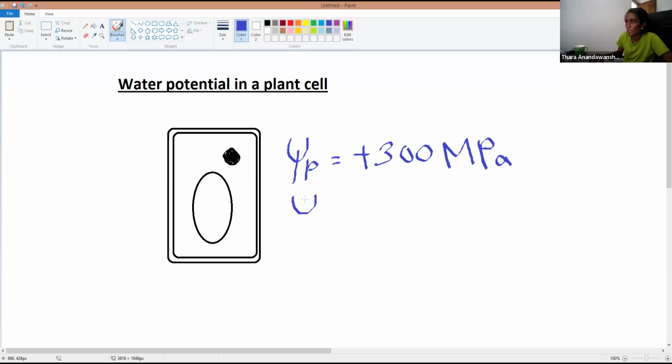Psi is minus 100 megapascals. You have to find out the psi s value here. Make sure that you use the equation and do the calculation properly, okay?